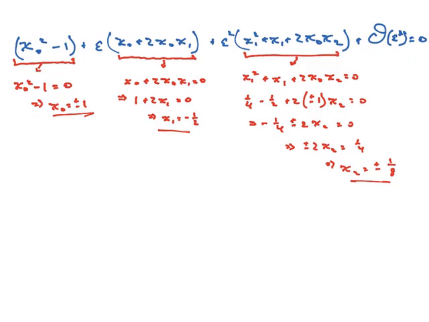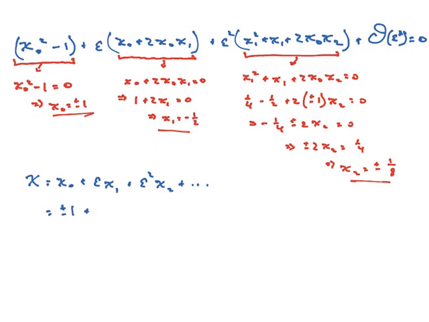Once I have all these x's, remember the whole point was we said our answer x is x naught plus epsilon x1 plus epsilon squared x2 dot dot dot. So let's put this in. What do we have? x naught is plus or minus 1.